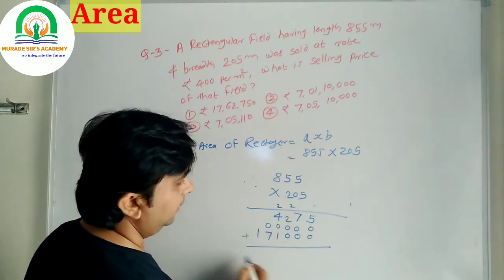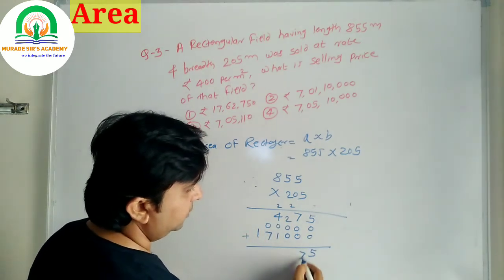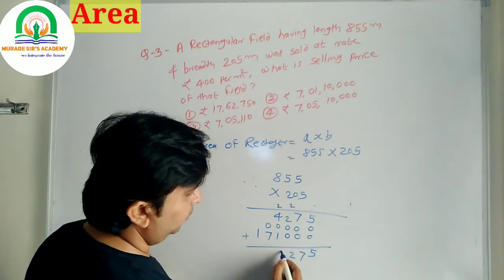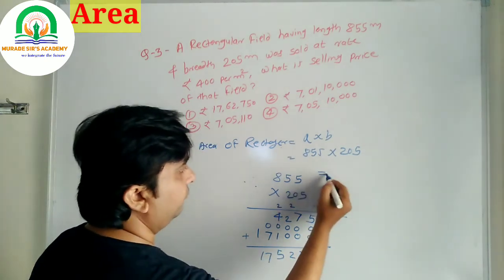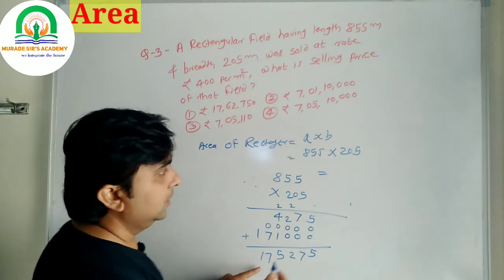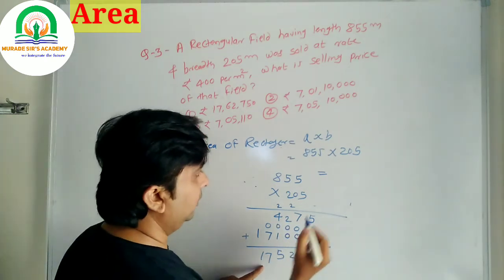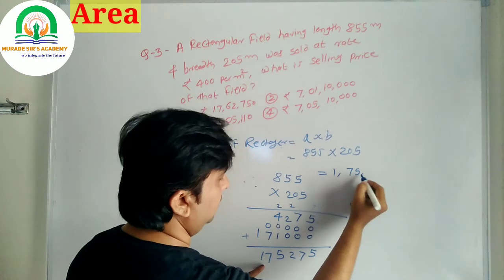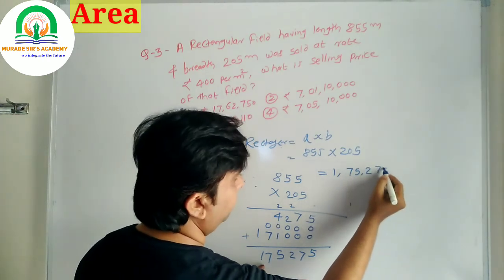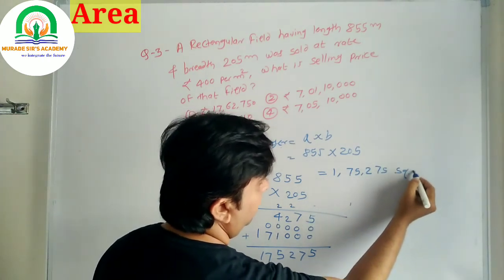Then addition. Therefore area of the rectangle is 1,75,275 square meter.